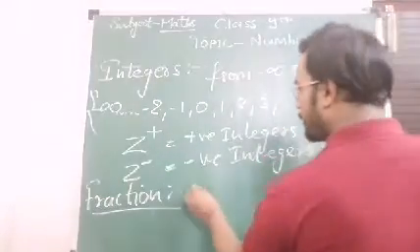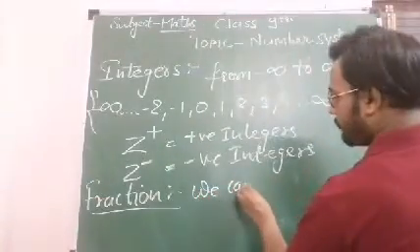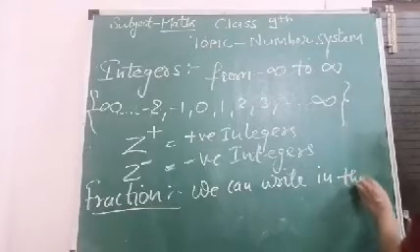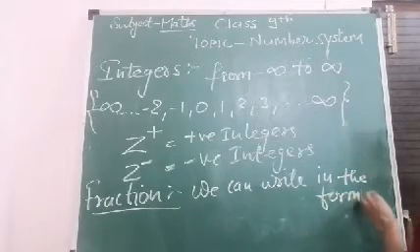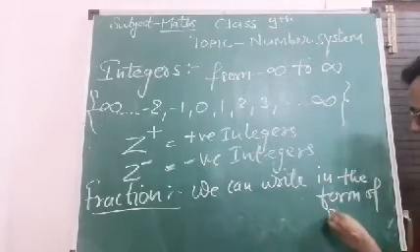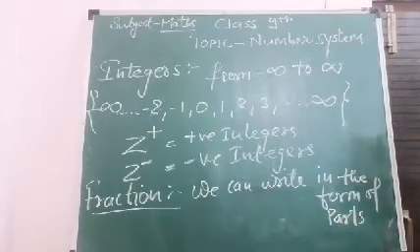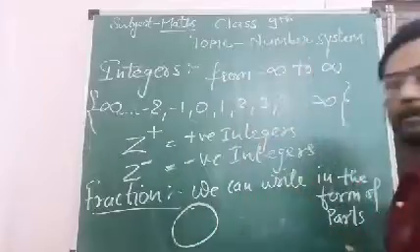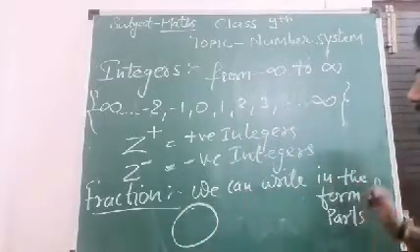For example, we can write it in the form of parts. Parts how? For example, we are going to take one pie or one circle.